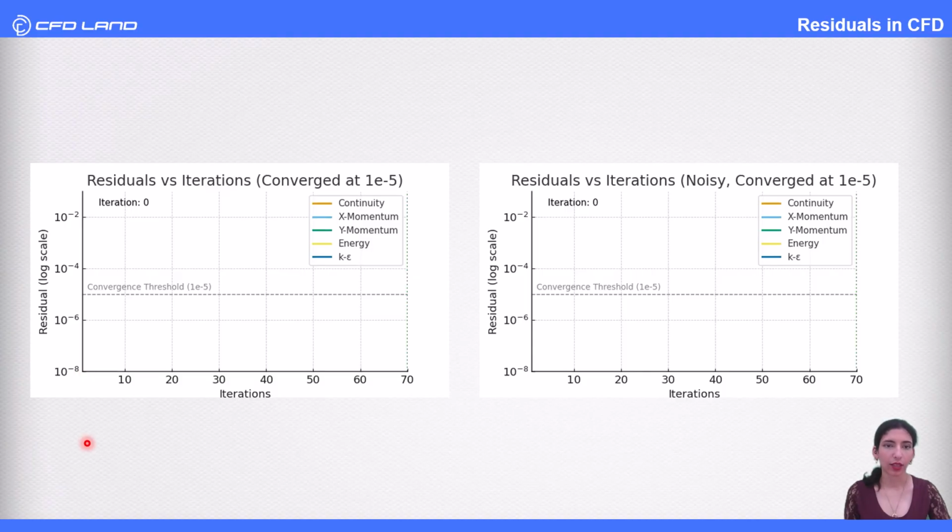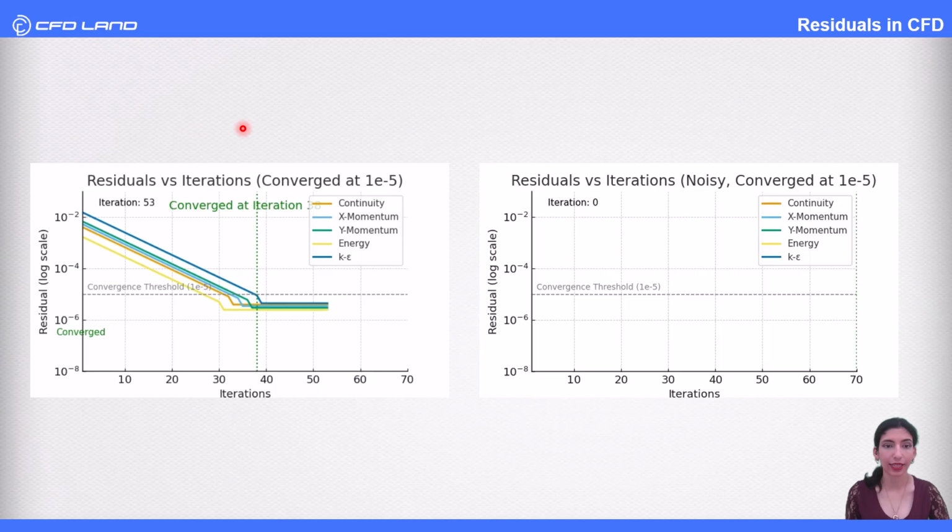Now, let's take a look at 2 plots of residuals. So, ideally, what is happening in the plots on the left is what we are looking for. The residuals decrease, decrease, decrease, decrease, and then they pass the threshold, and the variation in residuals are negligible.